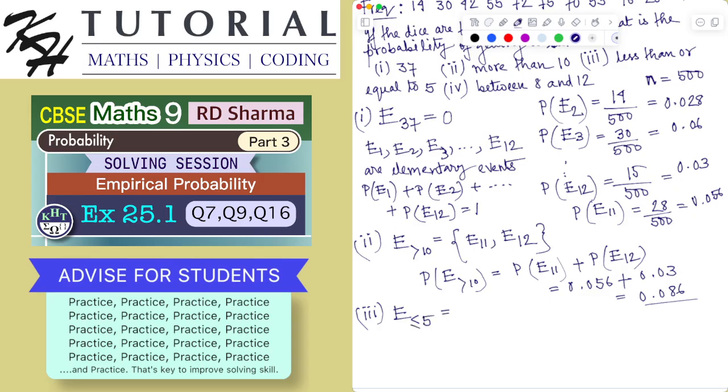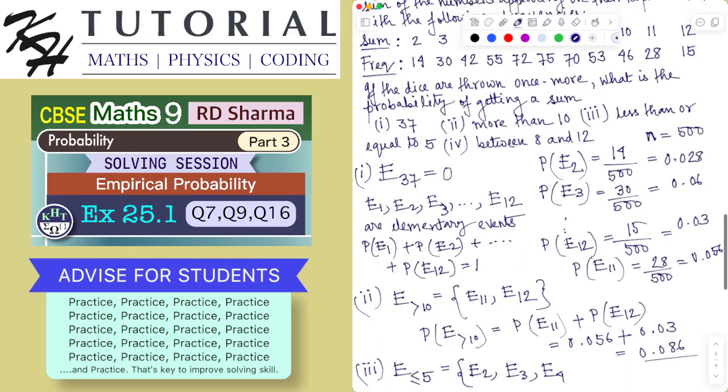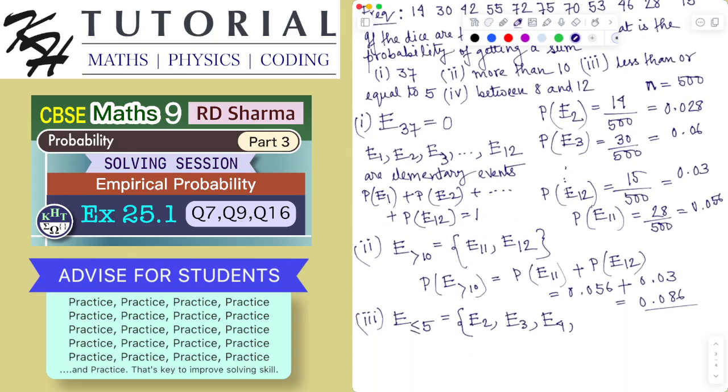This is also a compound event, and the elementary events whose collection will make this event are obviously E2, E3, E4 and E5.